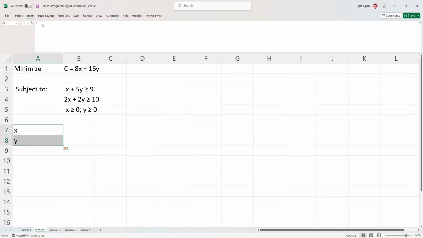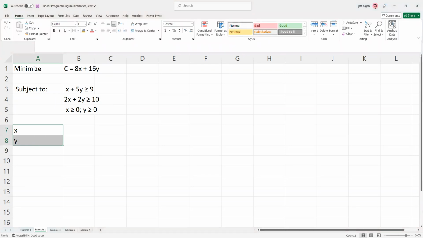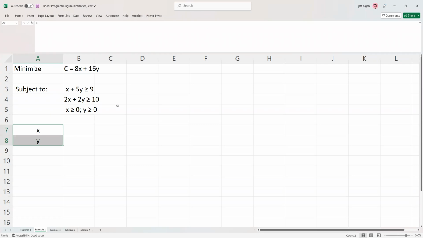And maybe just put it right here. Then I can say the objective function, I'm just going to write objective here. And that will just be equal to 8 multiplied by X plus 16 multiplied by Y. And so that gives me an objective. Then I can now say my constraints.